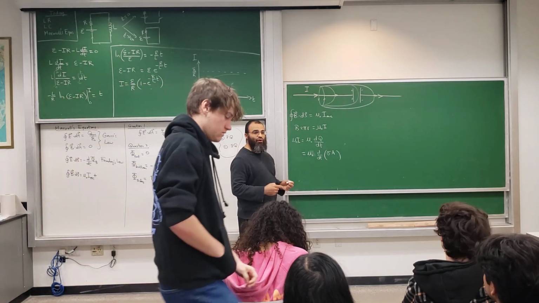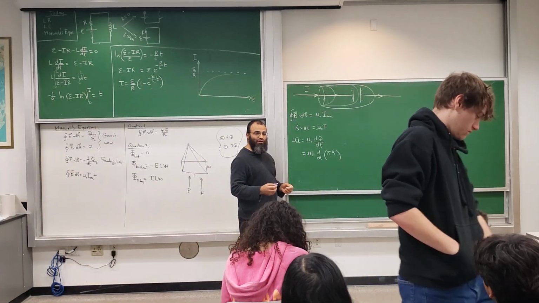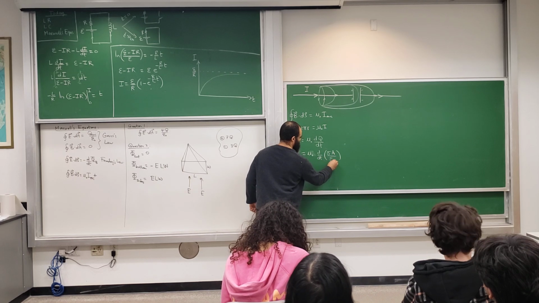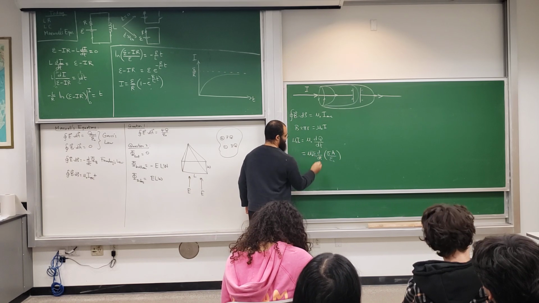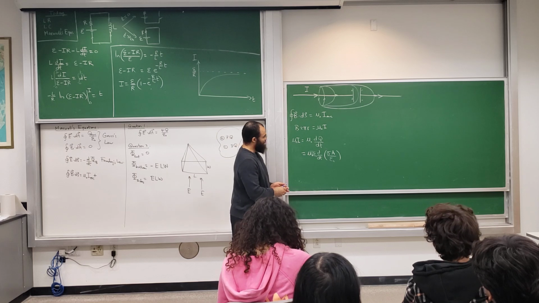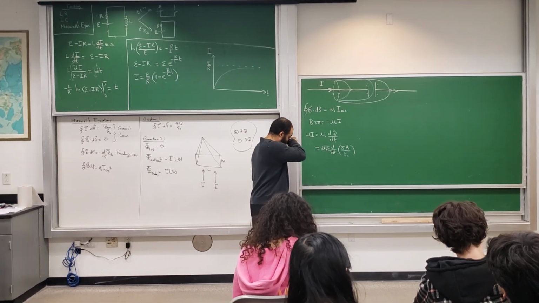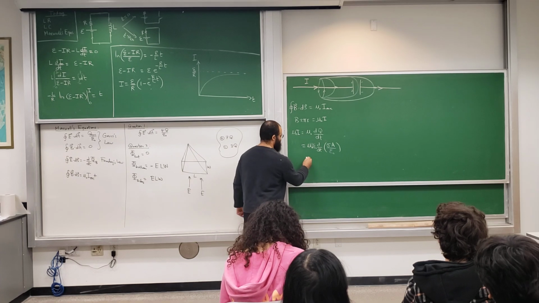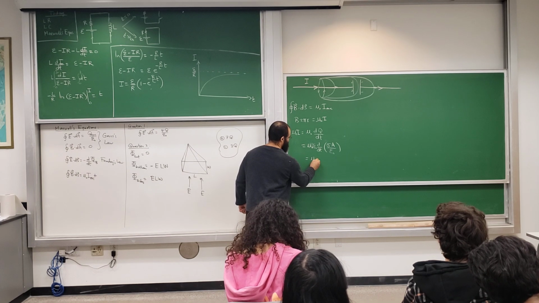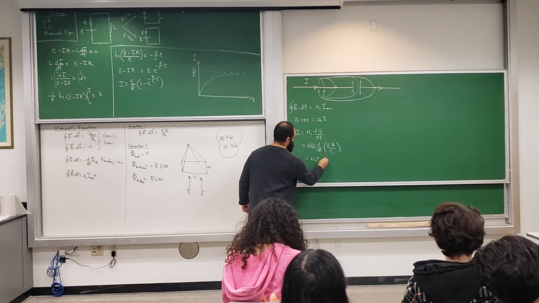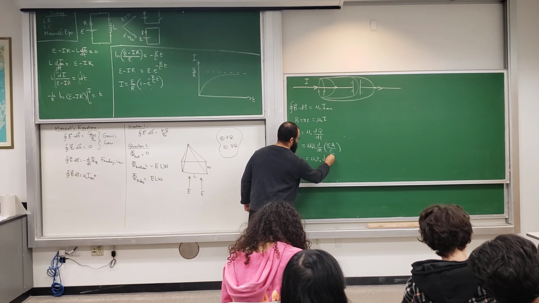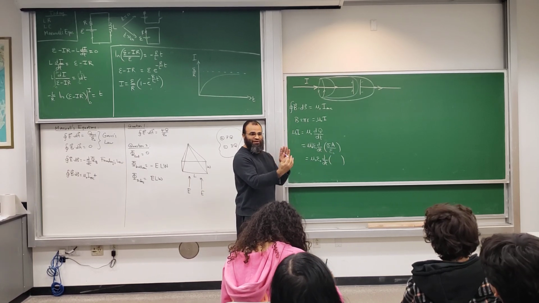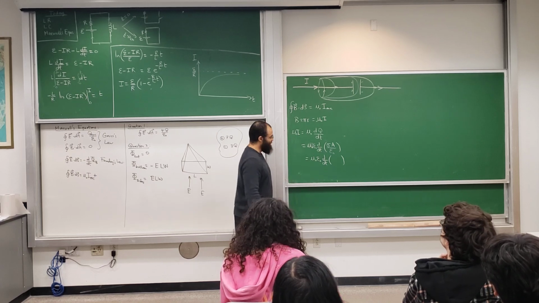Next, we're going to divide by epsilon naught and multiply by epsilon naught. So I'm going to do this. Now, what is sigma over epsilon naught? Yeah, which field? Electric, yeah. So this is mu naught epsilon naught d/dt. Remember the electric field between the parallel plate capacitor is sigma over epsilon naught, right?